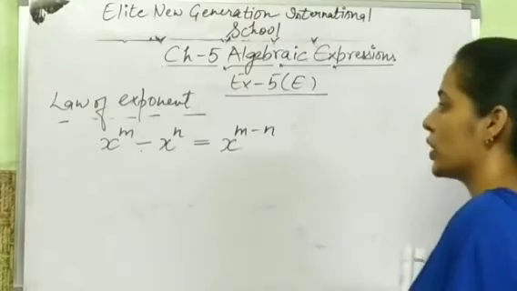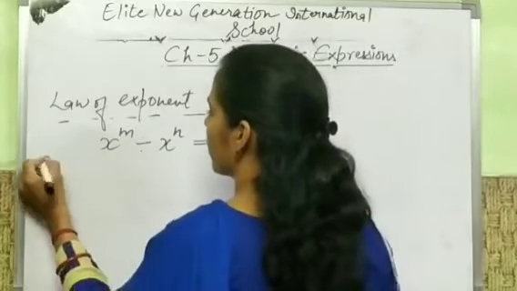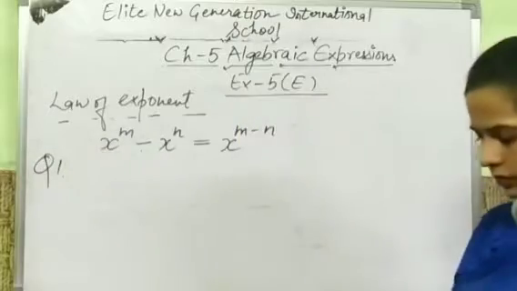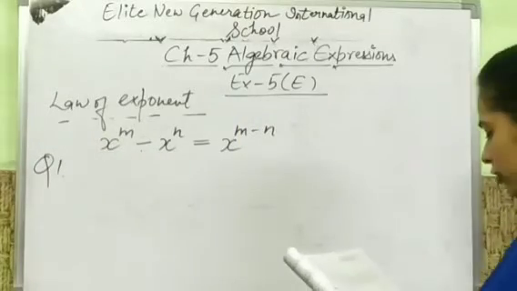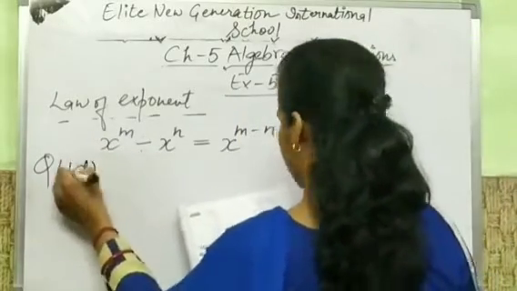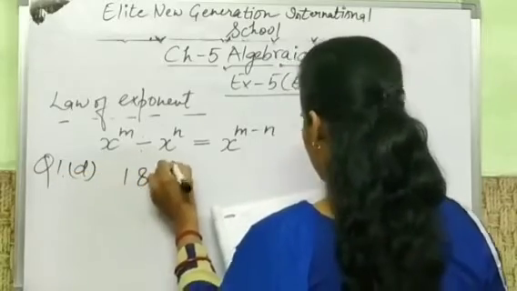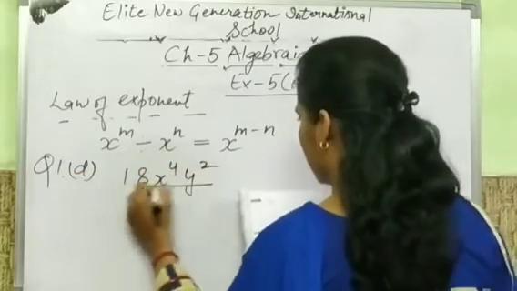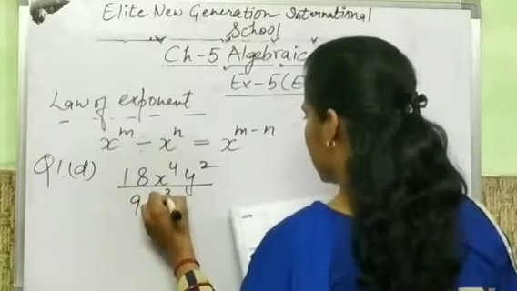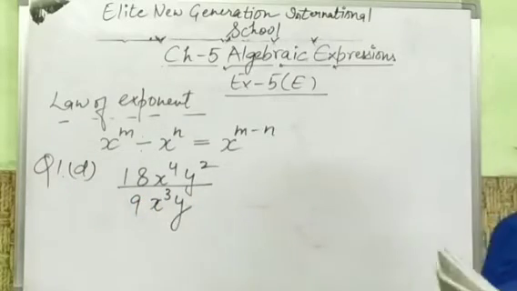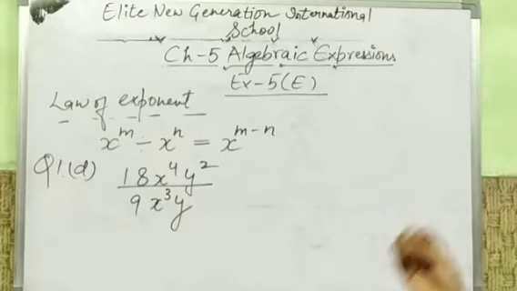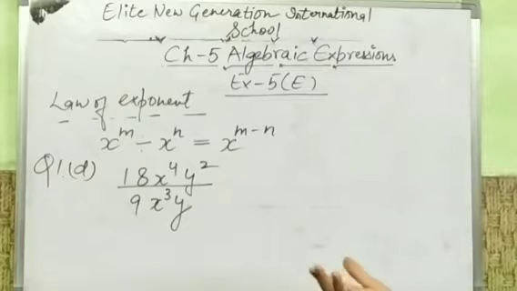Let's take one question. First part D: 18x to the power 4 y square in the numerator and 9x cube y in the denominator. In that case you only need to simplify it by applying the law of exponent and the cancellation law.